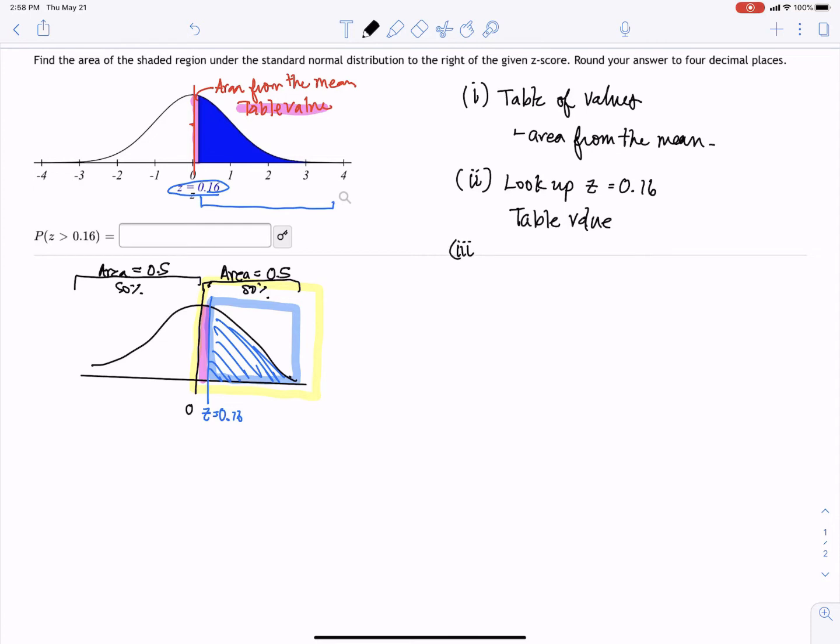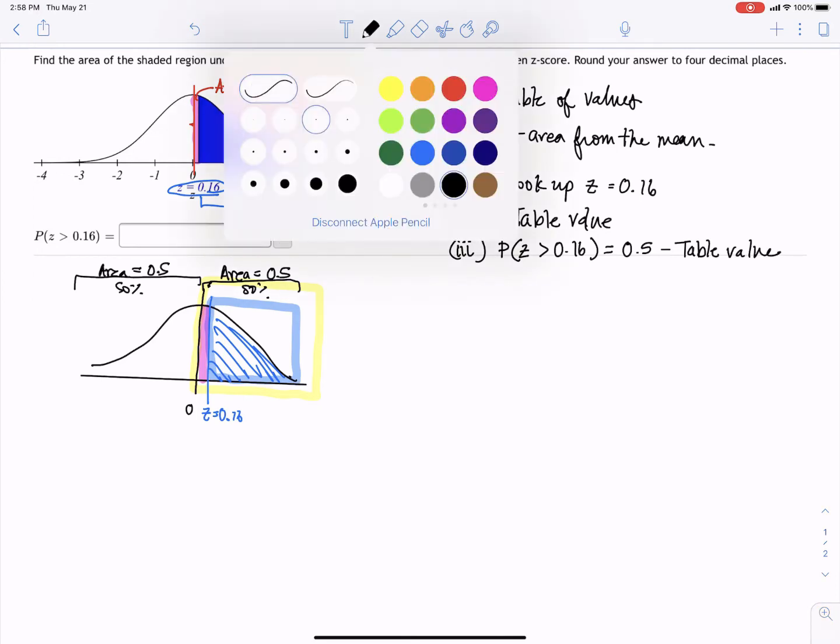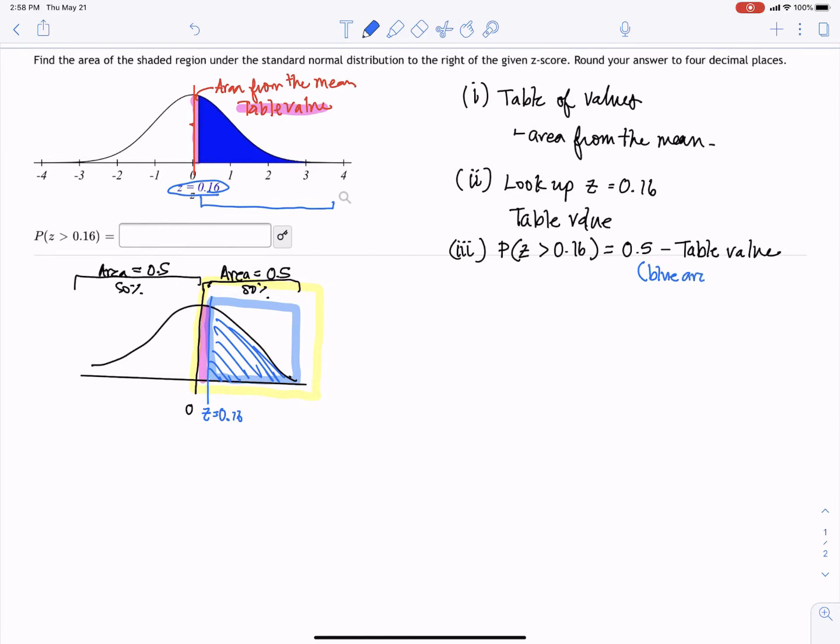So the next piece is, when we look up the z-score and get the table value, this area, or probability, that's greater than 0.16, that shaded blue area, is going to be a half, which is this bigger area, and I'm going to subtract this smaller area, and then I'll get this blue. So minus the table value, and that will give us essentially the blue area. Because again, we don't want 50% of it. We want 50% minus this little piece here. And we can grab this little piece just from the table.